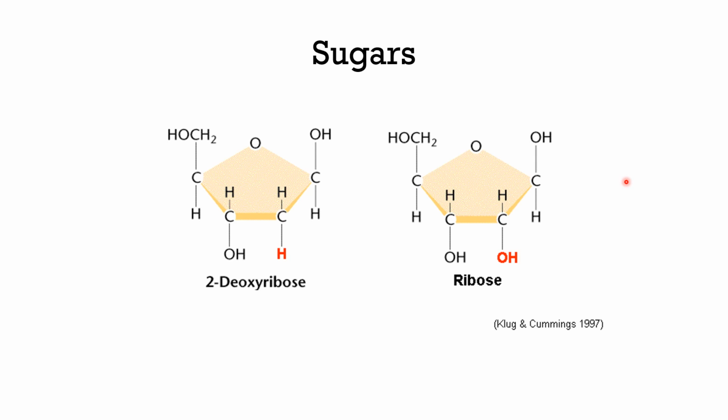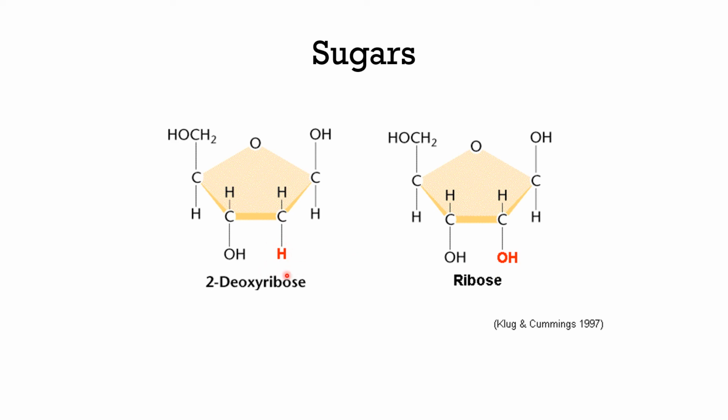So we mentioned that in the nucleotide, you have to have a sugar, and there are two different types of sugars. There are both 5 carbon sugars, which means that you can count the carbons. So we have 1, 2, 3, 4, 5. This one also has 1, 2, 3, 4, 5. Now, there are 2 versions. We have something called deoxyribose and ribose, and you're going to notice that this red OH and this red H over here are where the difference between these two is.